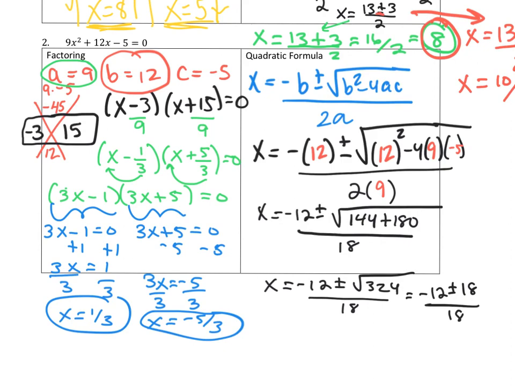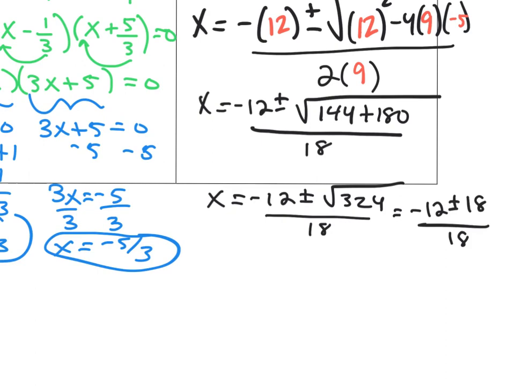Now you can't just cross out these 18s. If there's plus or minus in between values, you can't just do that. So we need to solve both. So first add. So we have x equals -12 plus 18 all over 18. So x equals -12 plus 18 is 6 over 18 is 1/3.